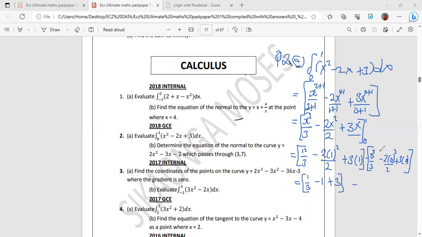Now this side will give you a 0, because 0 to the power 3 is 0, 0 divided by 3 is 0. 0 to the power 2 is 0, multiplying by 2 is 0, divided by 2 is 0. 3 multiplying 0 is 0. So this side will just get a 0.